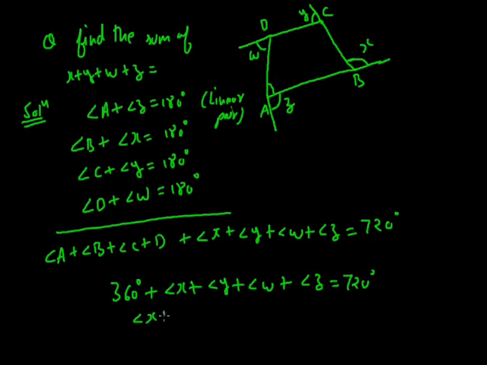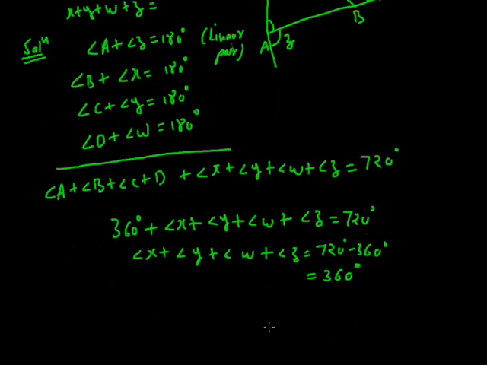So angle X plus angle Y plus angle W plus angle Z is equal to 720 degrees minus 360 degrees, which is equal to 360 degrees. So the value of angle X plus angle Y plus angle W plus angle Z is equal to 360 degrees.